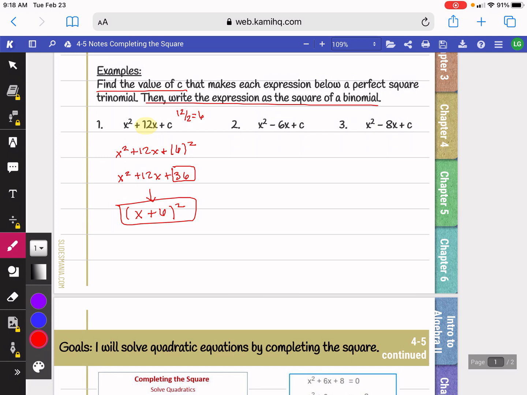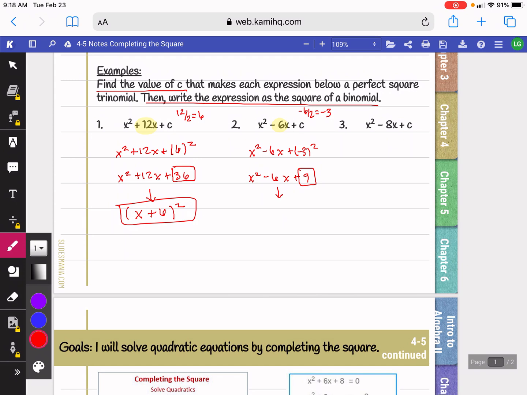For question 2, our b is negative 6. So negative 6 divided by 2 is negative 3. So when I write my c, I'm going to write negative 3 squared. And then negative 3 squared is a positive 9. So that's the c that we want for this to be a perfect square trinomial.